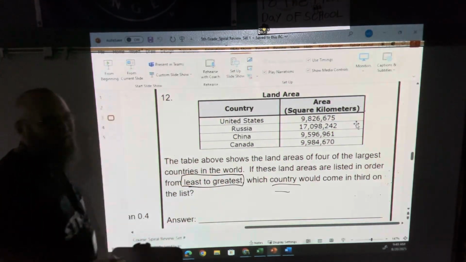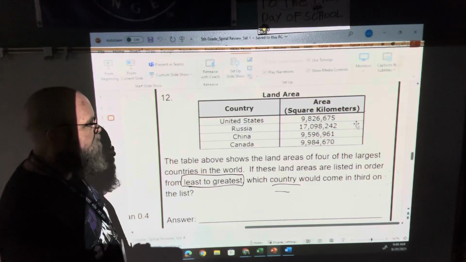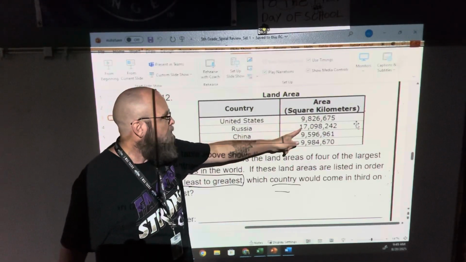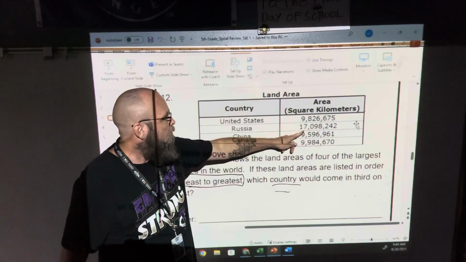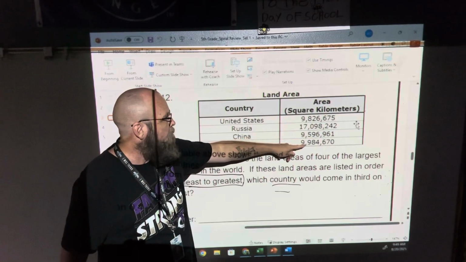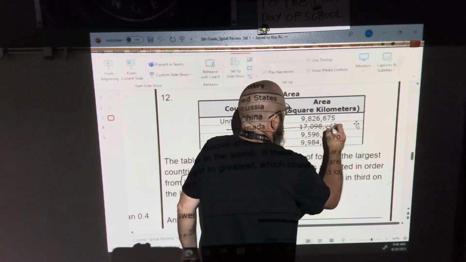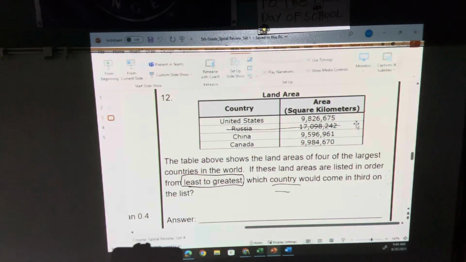So it's going to be the third smallest number on the list. If I look at it real quick, I can eliminate Russia, because this has 9 million square kilometers, 17 million, 9 million, and 9 million. So before I do anything, I'm going to eliminate Russia, because that's the biggest one we have.